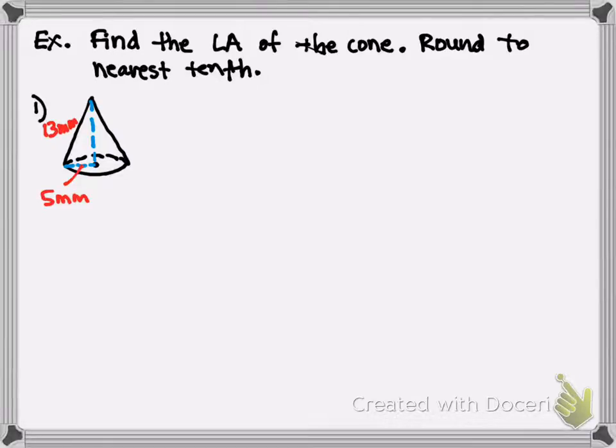If you recall when we were doing volume, they would draw a line to what it linked to. For us, when they write on the outside edge of our cone, they're describing slant height, okay? So we identify our two key pieces of information. We're given a radius of 5 millimeters, and a slant height of 13 millimeters.